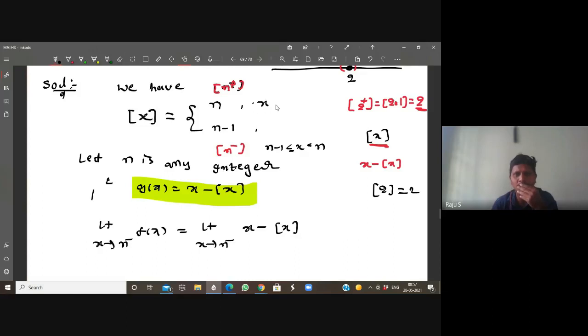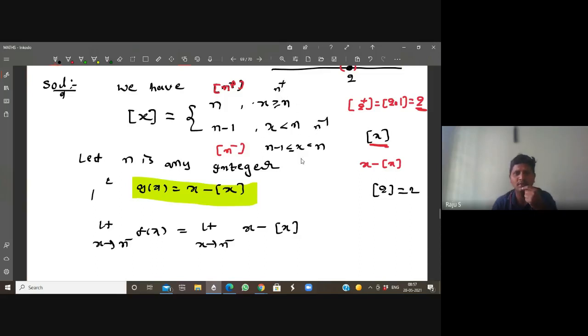Then x is greater than or equal to n, x is lesser than n. x greater than or equal to n means x value is n plus, more than n.